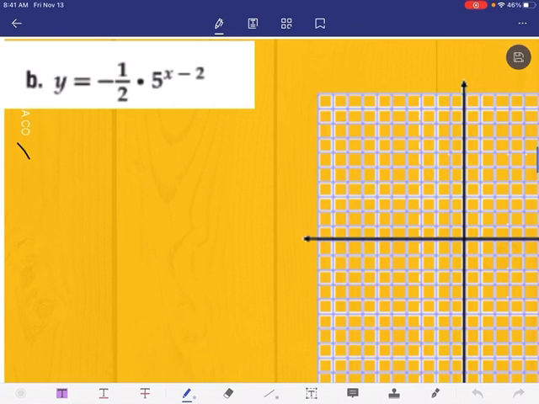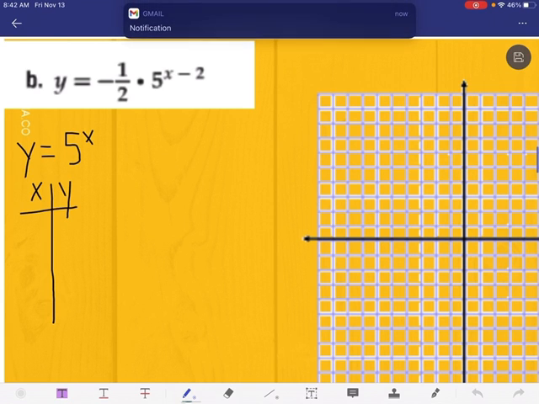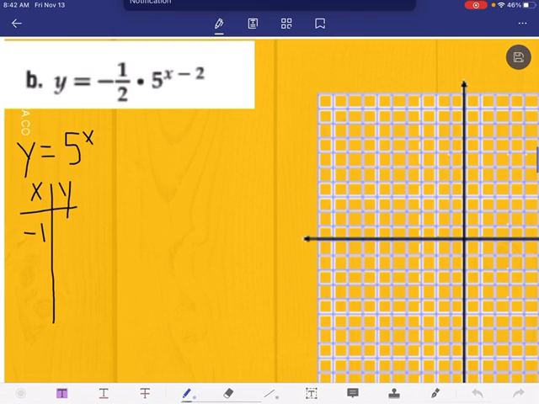So y equals 5 to the x is going to be our base function. And because our parent function or base function switches every single time, I'm going to go ahead and start by just looking at those first key points. So -1, 0, 1. We're going to get out 1/5, 1, and 5.